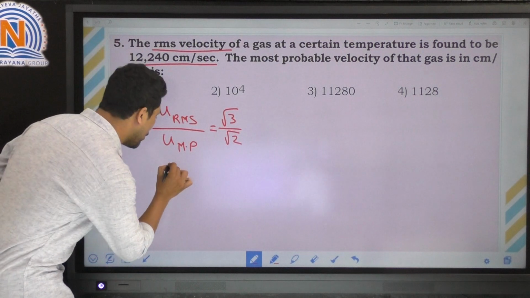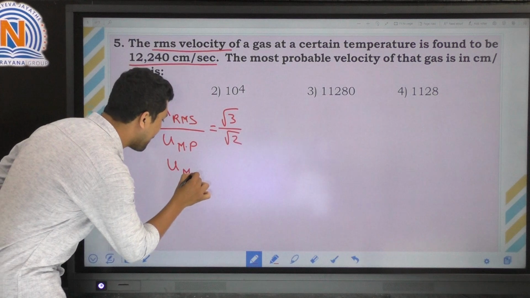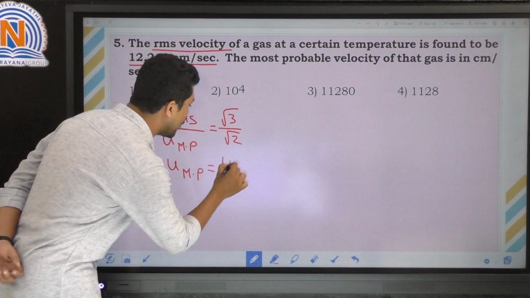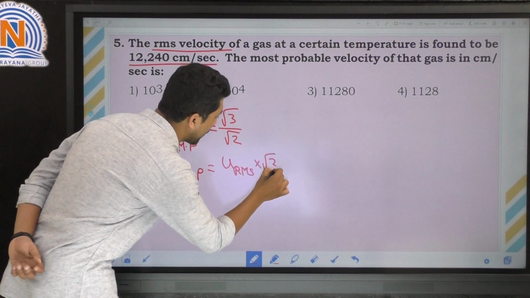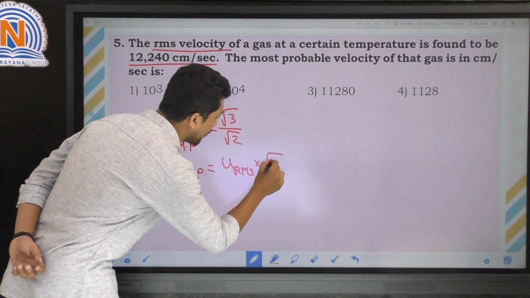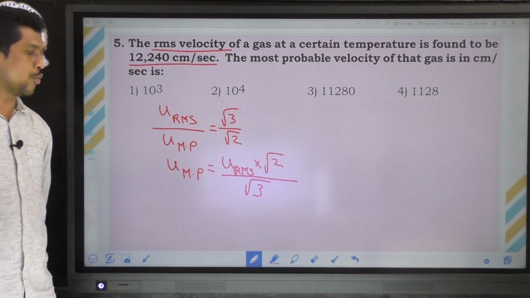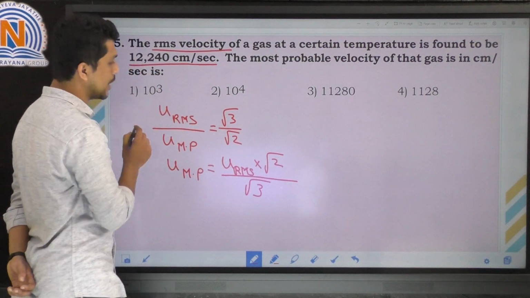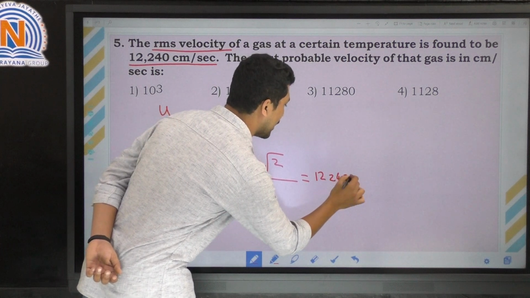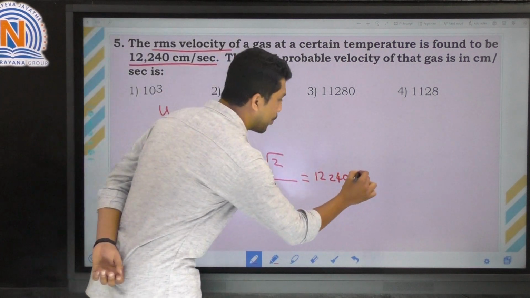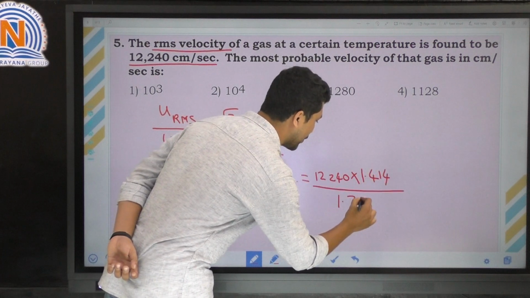So now we need to find the most probable velocity. So UMP equals URMS into root 2 by root 3. They have given the URMS value, that is 12,240 into root 2 value 1.414 and root 3 value 1.732.